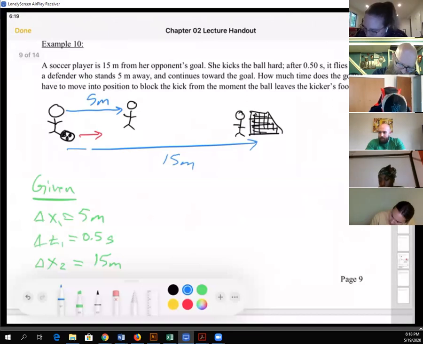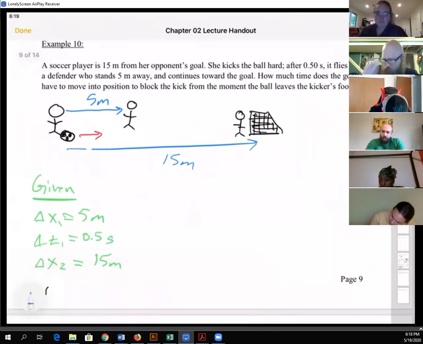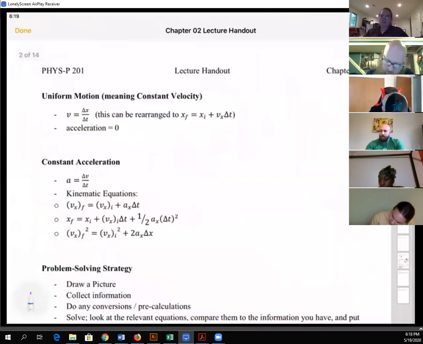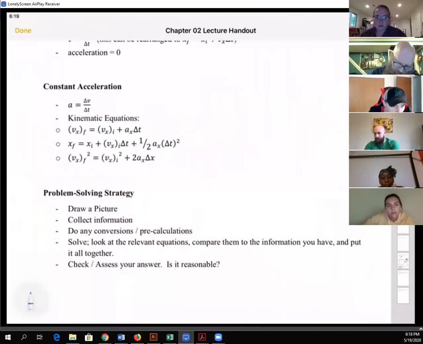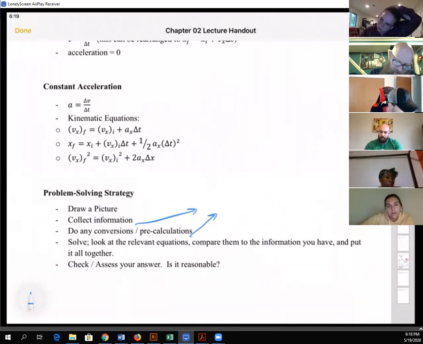And I think there's a step that I didn't include. Did I not include this? Yeah, I should have included a step, right here, or maybe right here. And that step would be this. Identify what you're solving for.